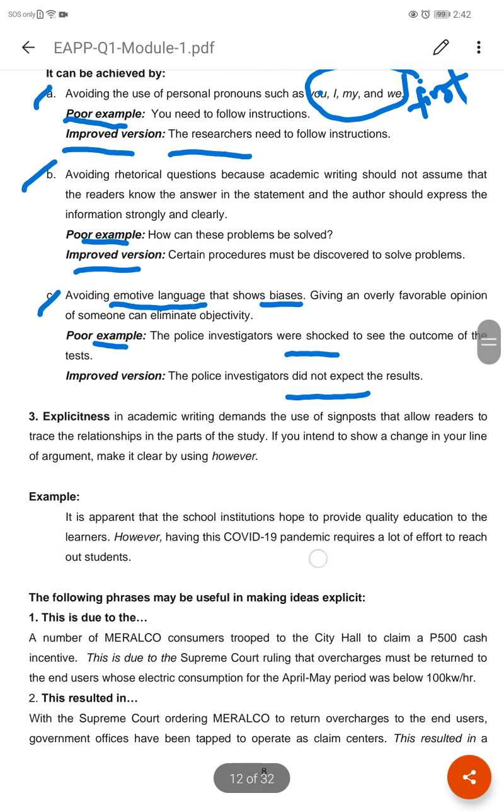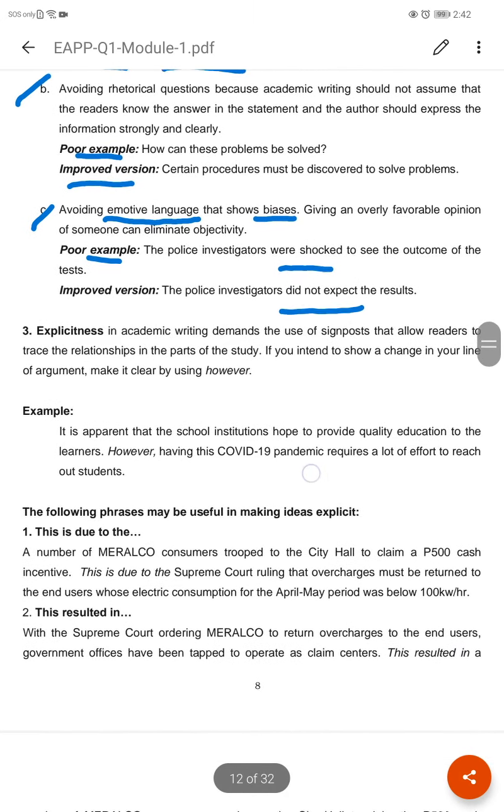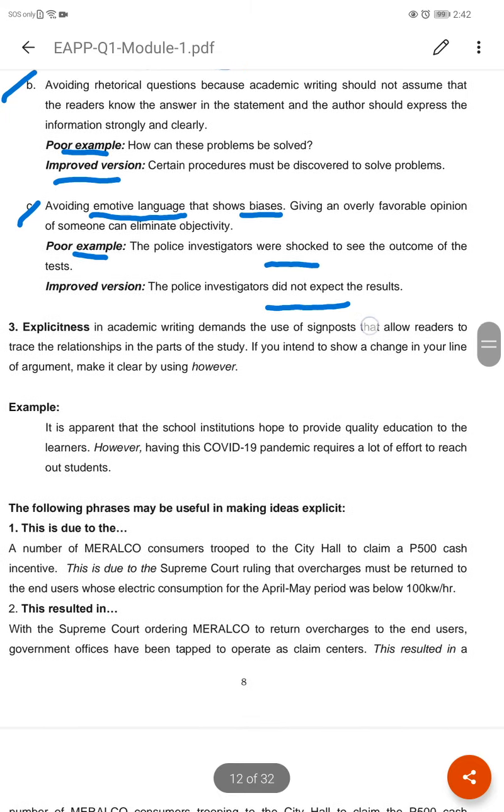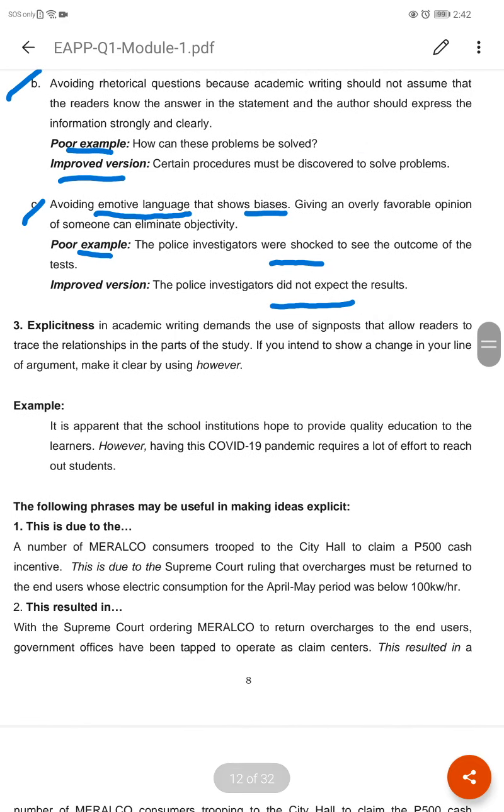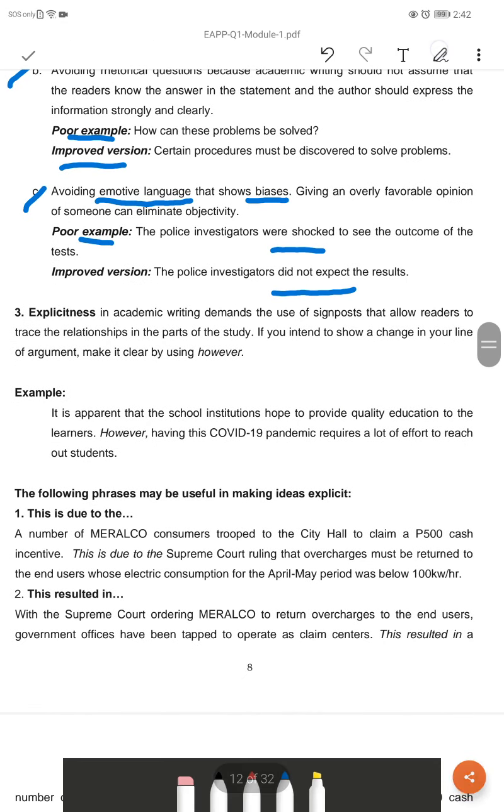Okay? Third one, the third feature of language that we should observe in writing academic text is explicitness. A while ago, when we defined explicit, we said explicit means direct to the point. So explicitness means being direct to the point.